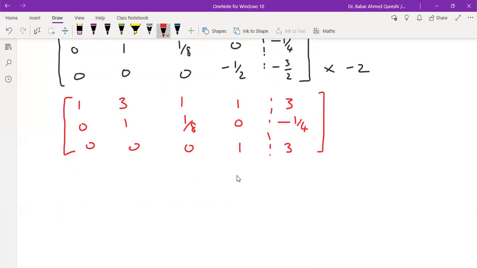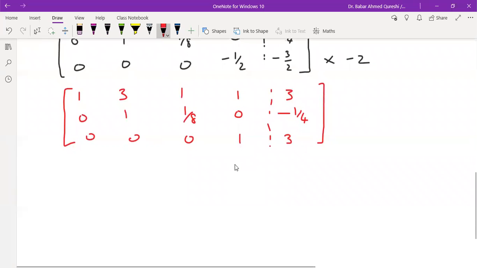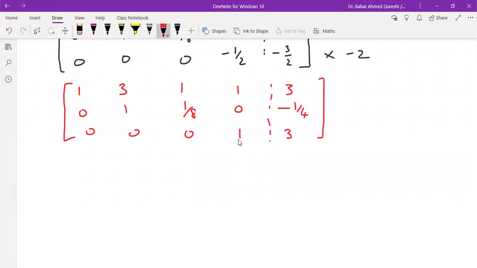So I'm trying to bring it into Gauss-Jordan form. That means each of the lead variables in its column should have all zeros. So I can take this, multiply it by minus 3 and add above.